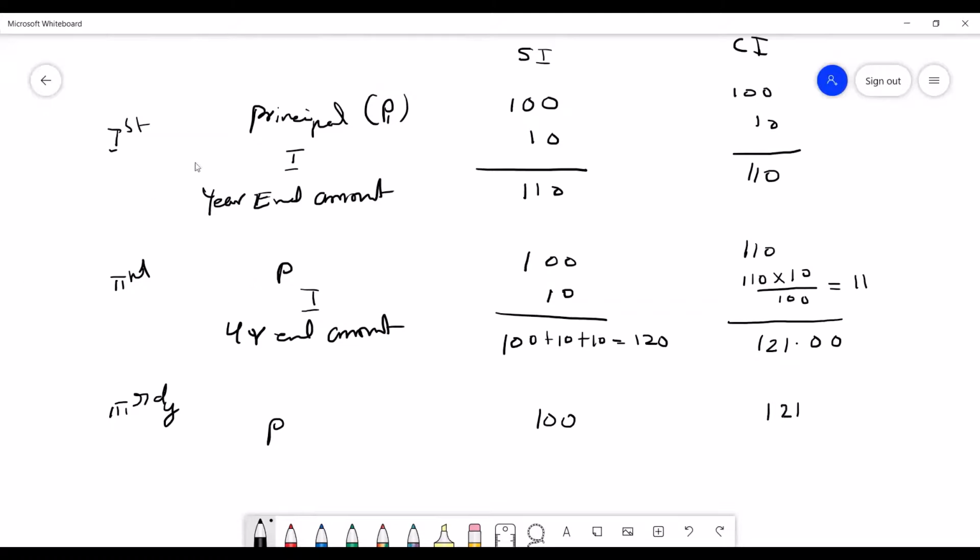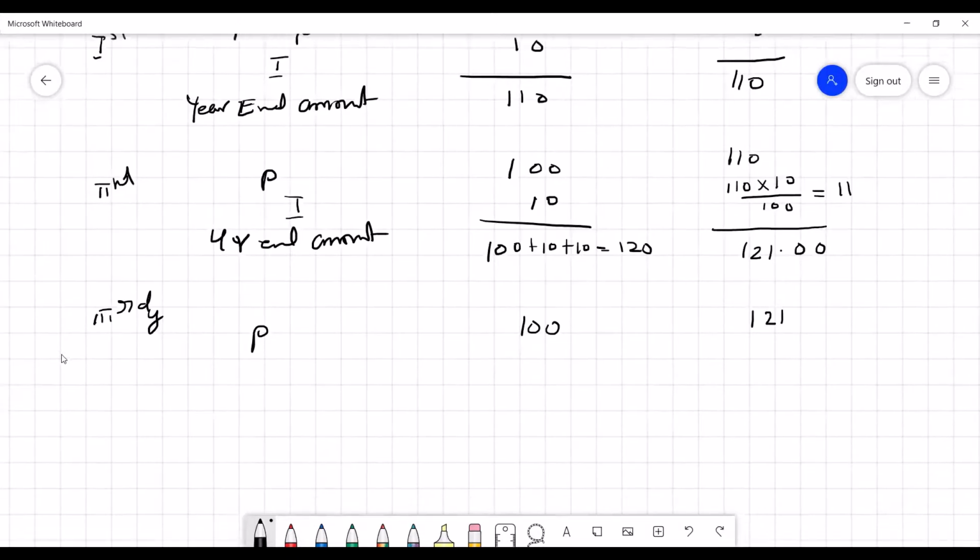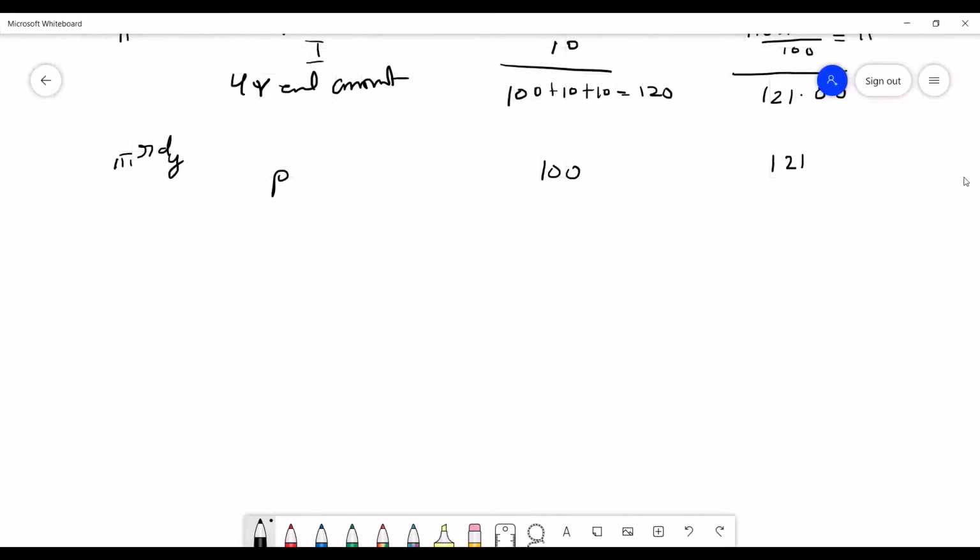See the difference. In the case of simple interest, the previous interest is not added to the principal amount, but in the case of compound interest, the previous interest is also added, thereafter finding the interest.